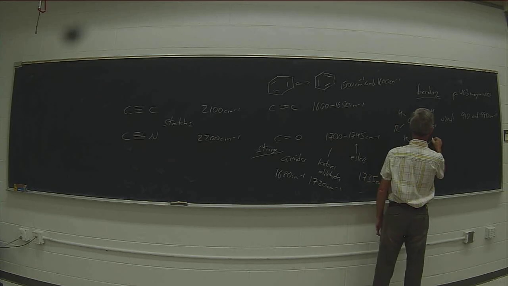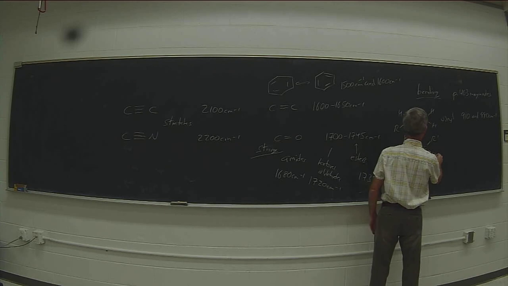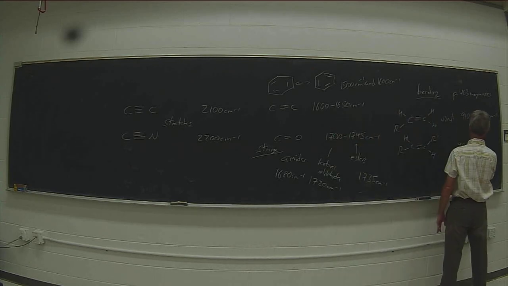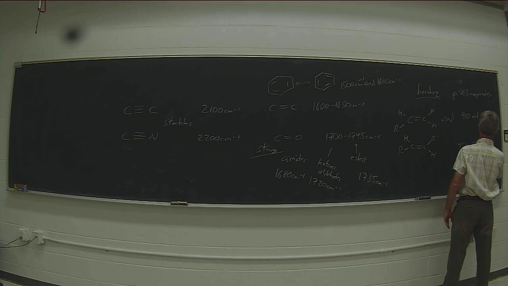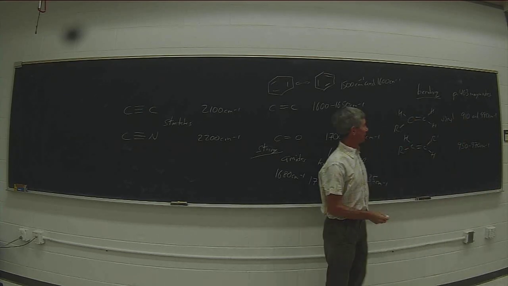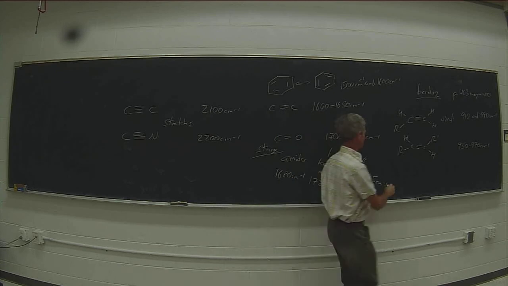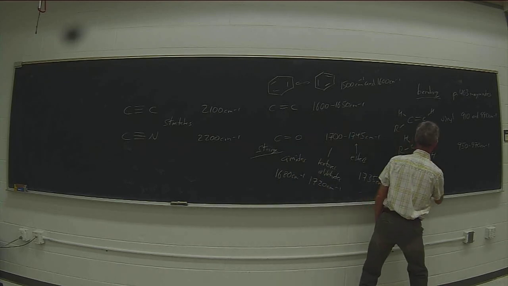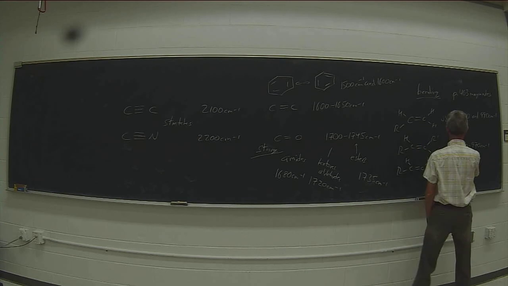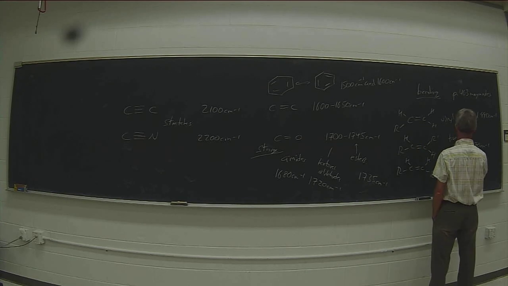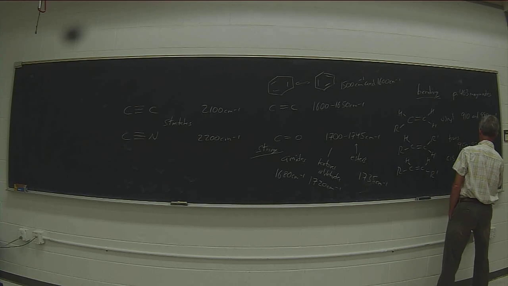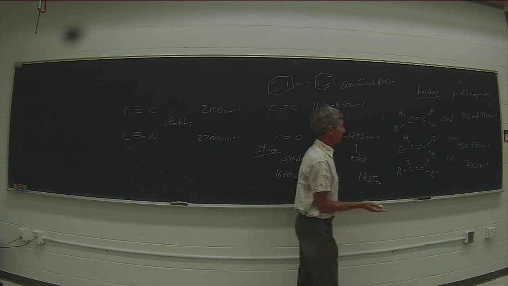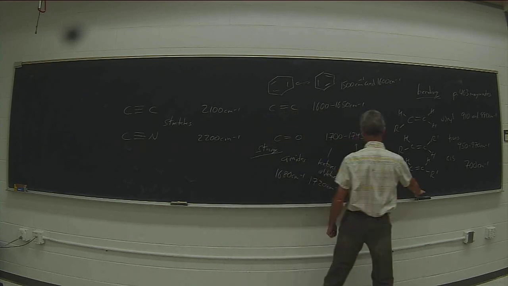A trans arrangement on the disubstituted double bond generally shows one peak between about 950 and 970. A cis double bond generally shows one peak around 700 to 720 reciprocal centimeters.